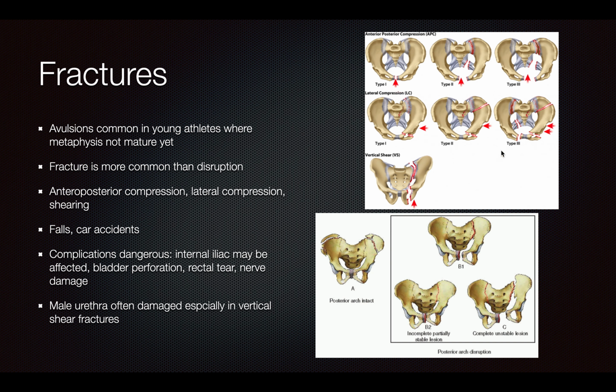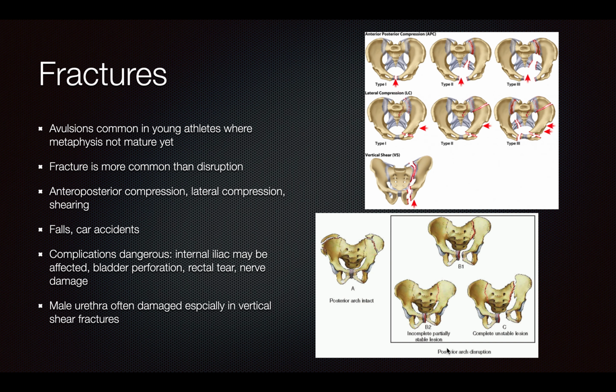Vertical shear forces, as you can see, just shear everything on one side of the pelvis. Here it can also be kind of diagonal. So the pubic symphysis is going to be torn, and then here the posterior iliosacral ligament is going to be damaged.